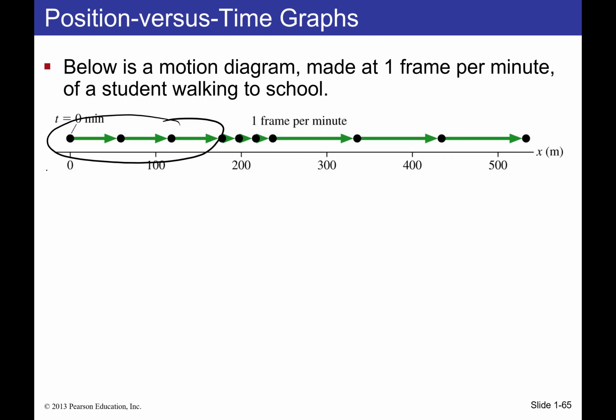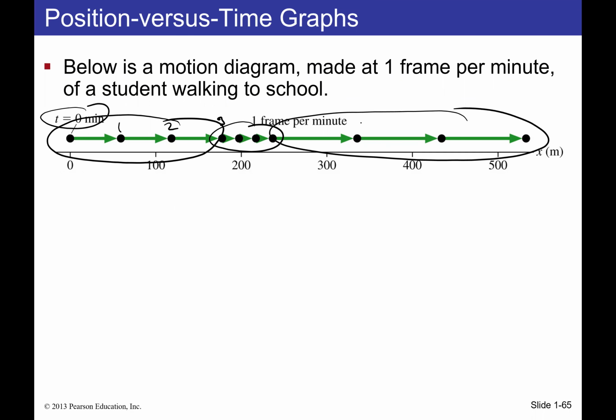Here's one segment, because for the first 3 minutes, where t is in minutes, so 0, 1, 2, 3, it's moving at one speed. The next 3 minutes, it's moving at another speed, all the same, but another speed. And after that, another 3 minutes moving at a much higher speed.